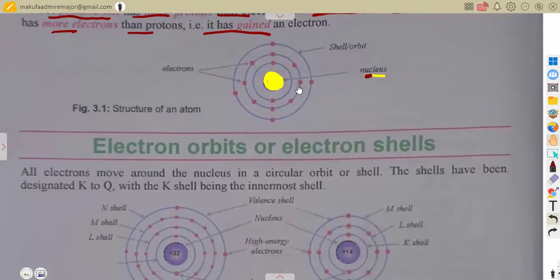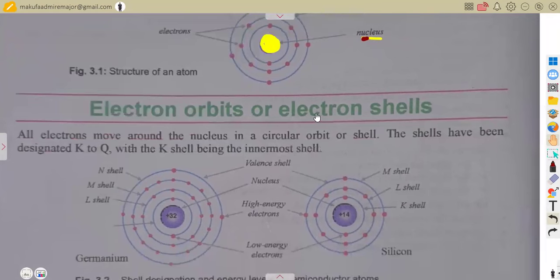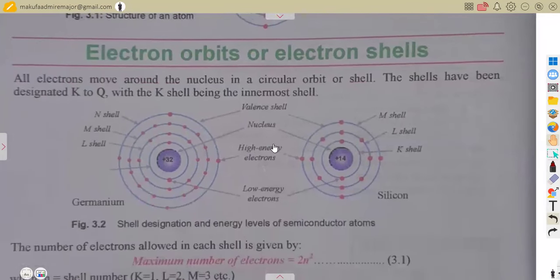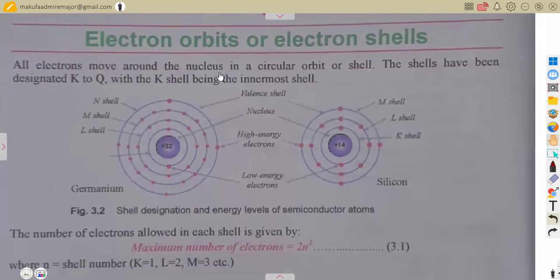So this is the structure we are going to have: the nucleus, with the protons and the neutrons, then the electrons orbiting in the shells. All electrons move around the nucleus in a circular orbit or shell.